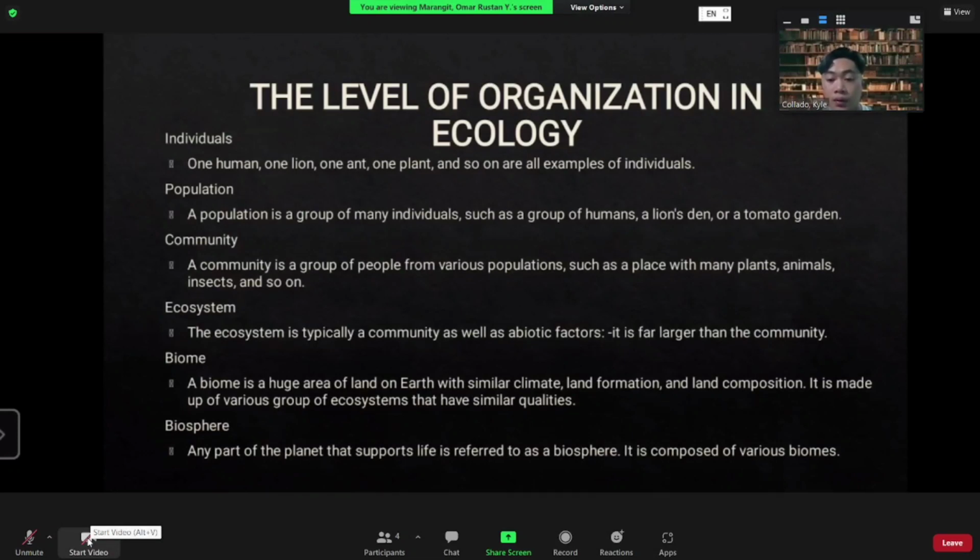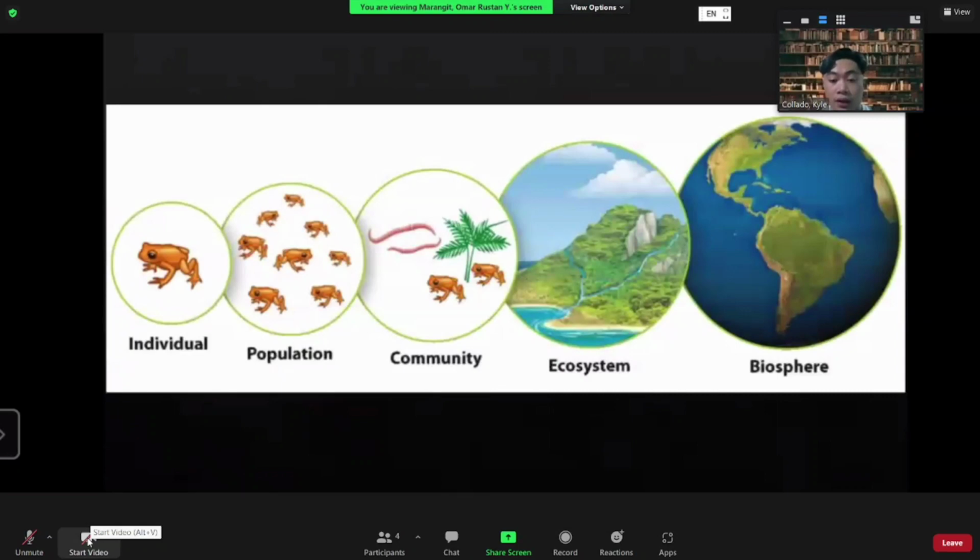It is composed of various biomes. The levels of organization in ecology, ranging from the individual, population, community, ecosystem, biome, and lastly, biosphere, are described from the smallest to the largest.